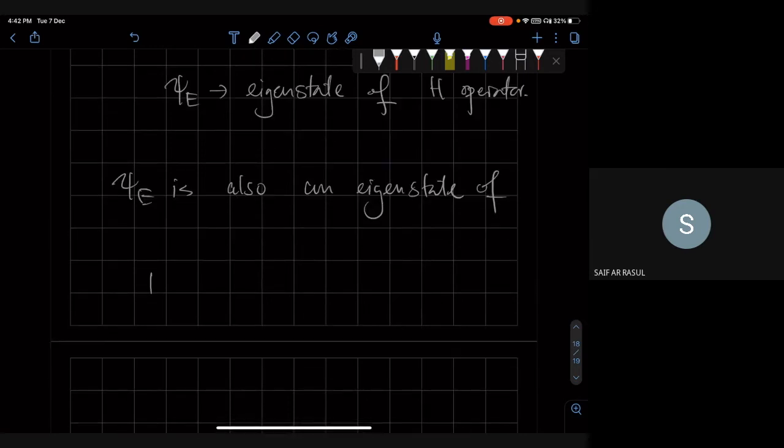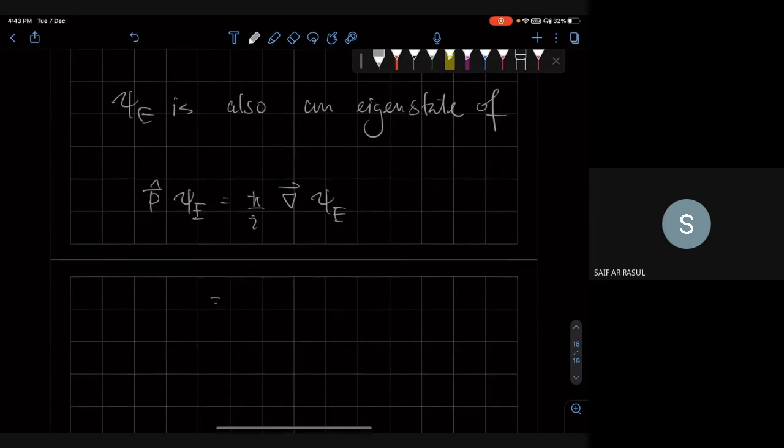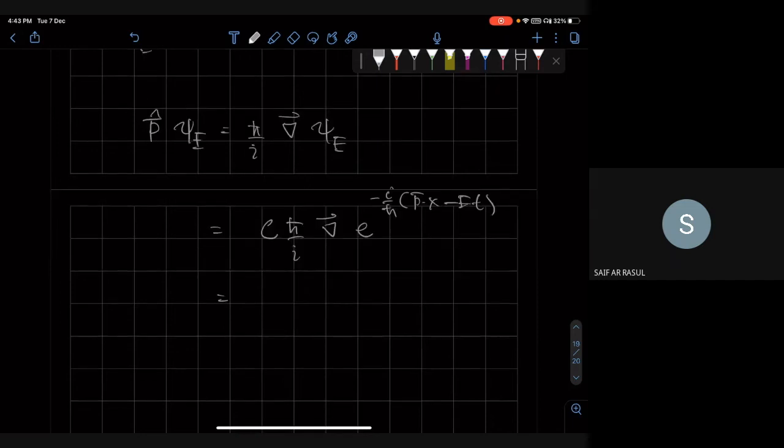So if I act on ψ_E with p, what is p? P is h bar by i times the gradient acting on ψ_E. ψ_E has C, but that's a constant, so it comes out. I get e to the power minus i by h bar, p dot x minus Et. Then this just brings down one factor of minus i over h bar times p.